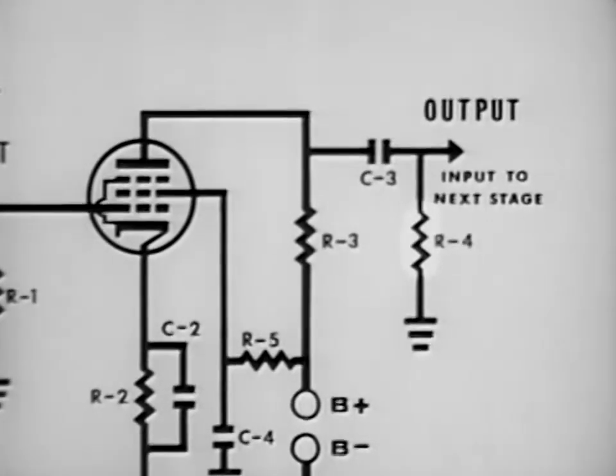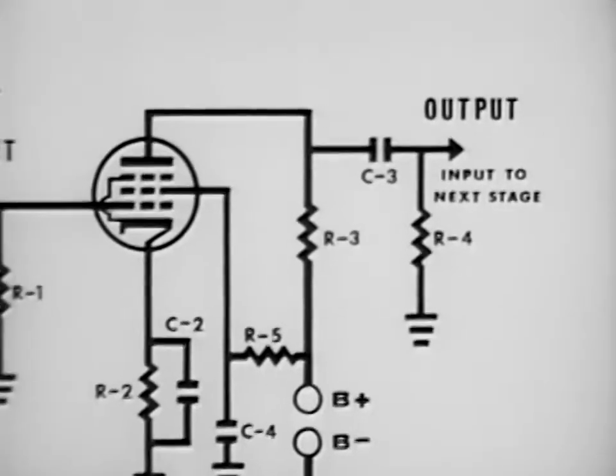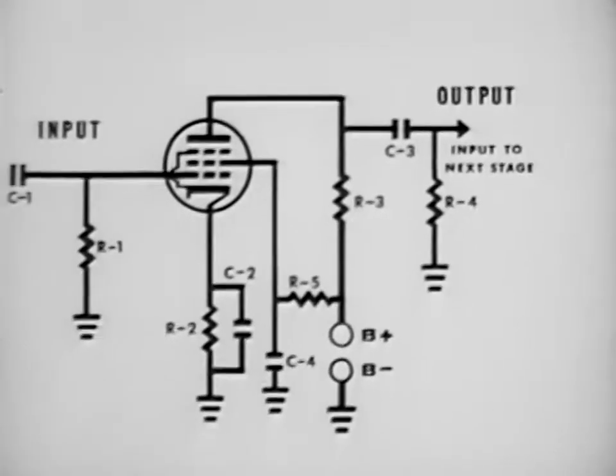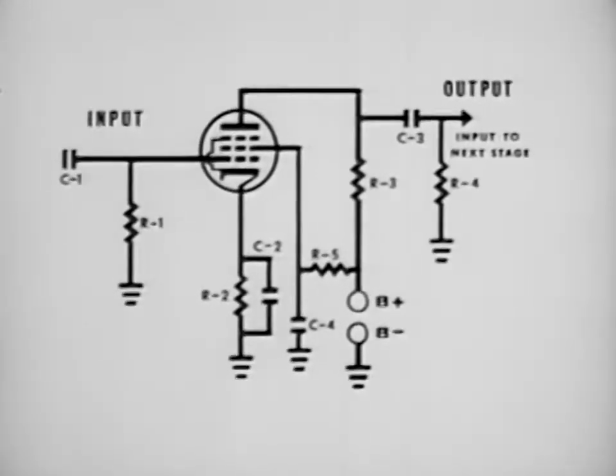R4 is the second stage grid resistor and performs the same function as resistor R1. The RC coupled amplifier, because of its better frequency response, is used in almost all types of amplifier circuits where broad bands of frequencies are utilized, whether they be audio, RF, or even some UHF.